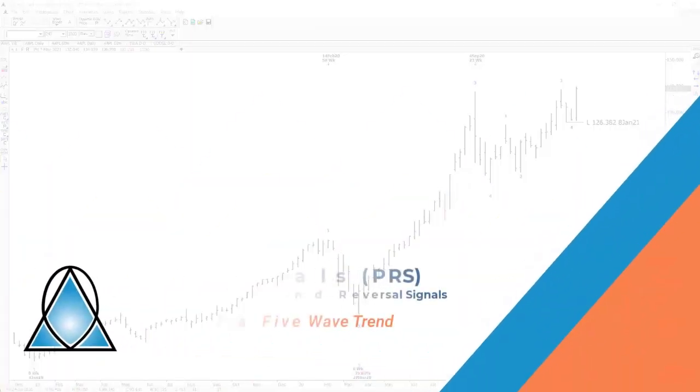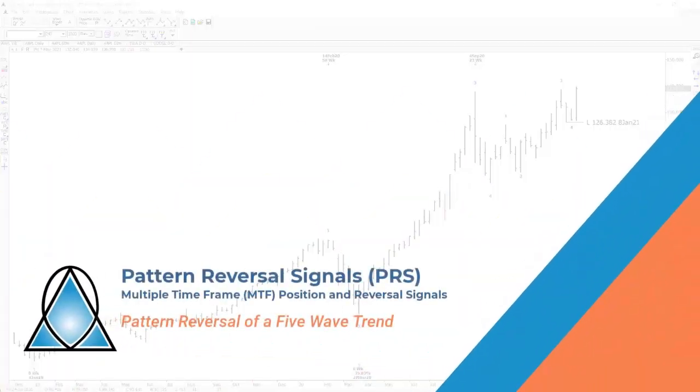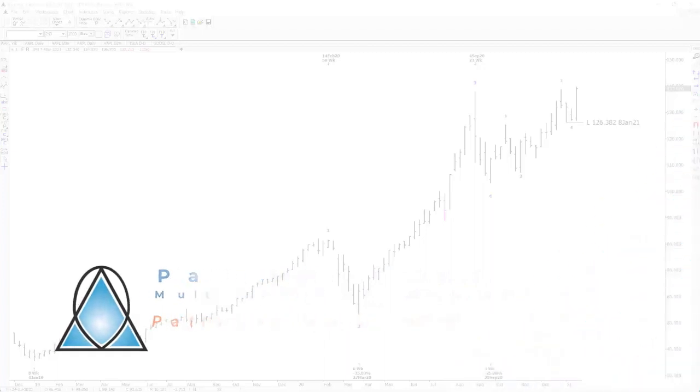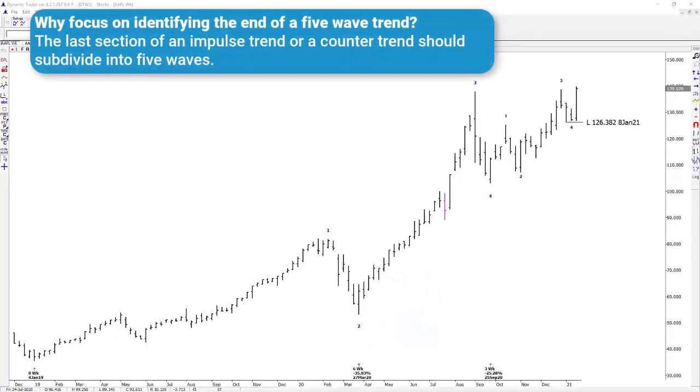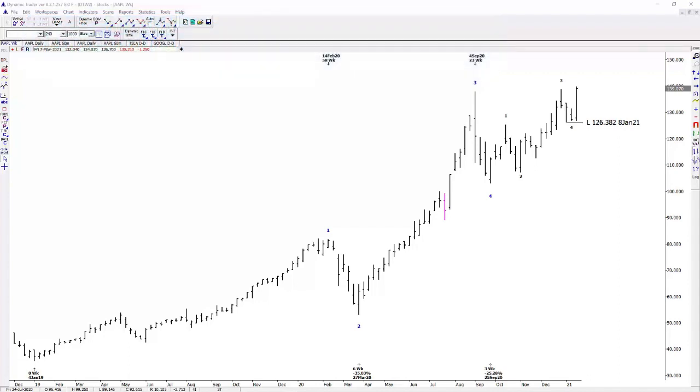Why may we want to focus our energy on identifying the end of a 5-wave trend? Well, the last section of almost any impulse or correction should subdivide into 5 waves. So whether we're looking at whatever degree impulse trend, or whatever degree a correction, whether it's ABC or a complex correction, usually the last section of those structures subdivides into 5 waves.